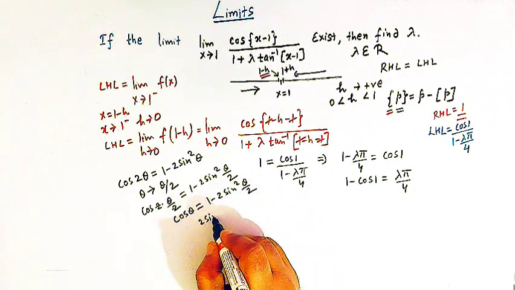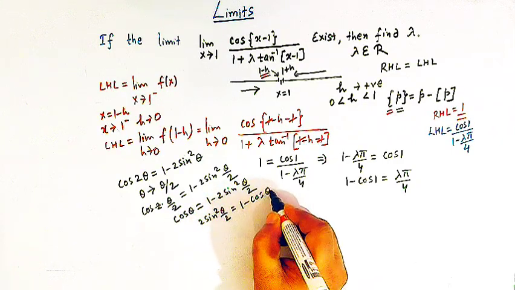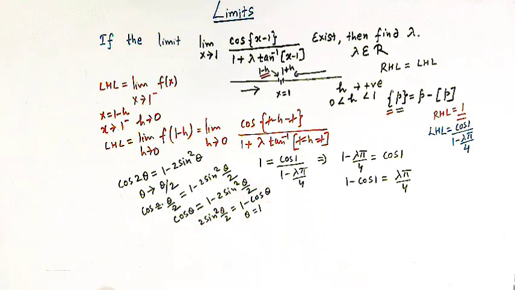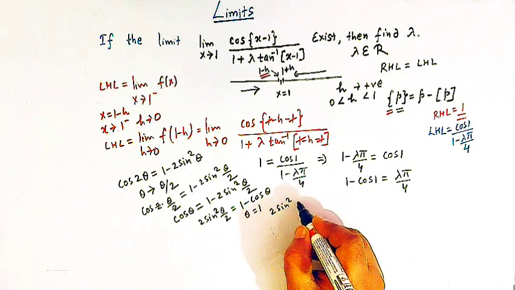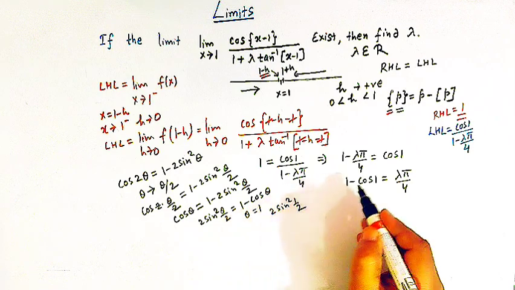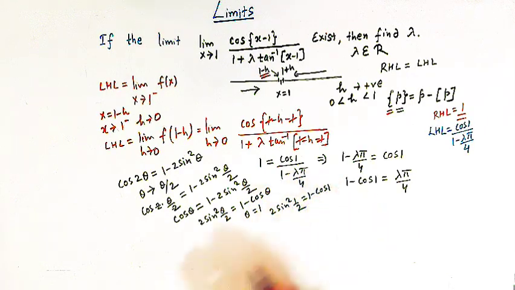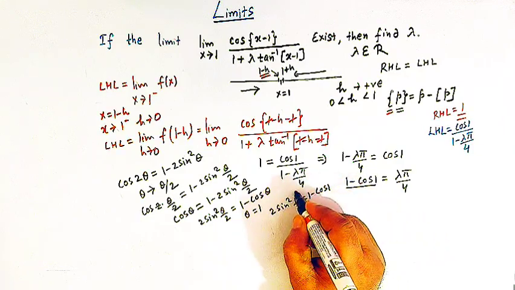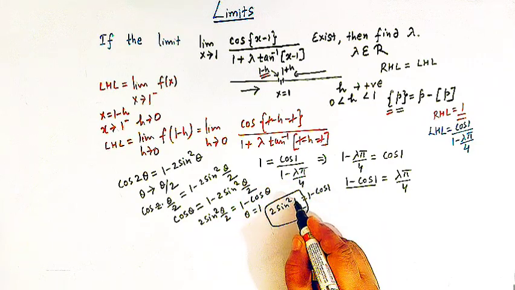So 2 sine square theta over 2 is equal to 1 minus cos of theta, right? Now taking theta is equal to 1 radian, we have 2 sine square 1 over 2 is equal to 1 minus cos of 1, right?